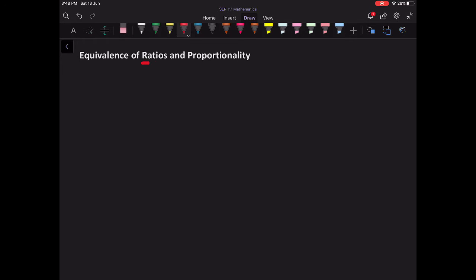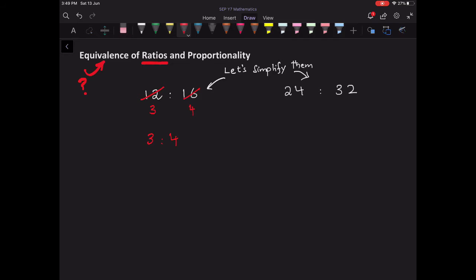Let's take a look at what it means for ratios to be equivalent. We take two ratios, 12:16 and 24:32. Let us simplify them. We divide the first ratio by 4, we get 3:4. We also divide the second ratio by 4, and after simplification we get 3:4.